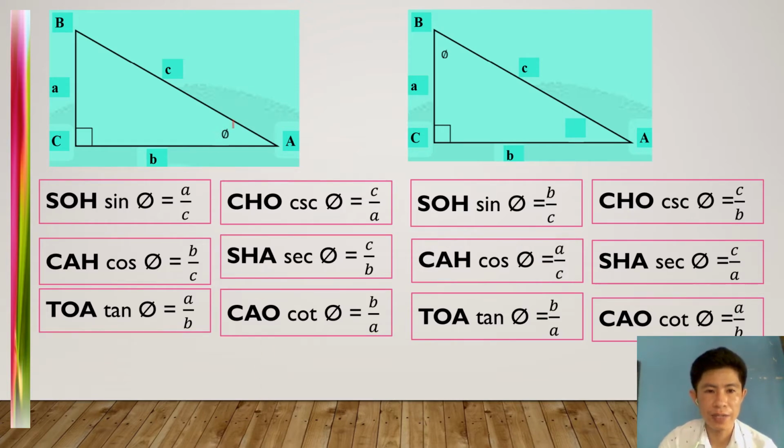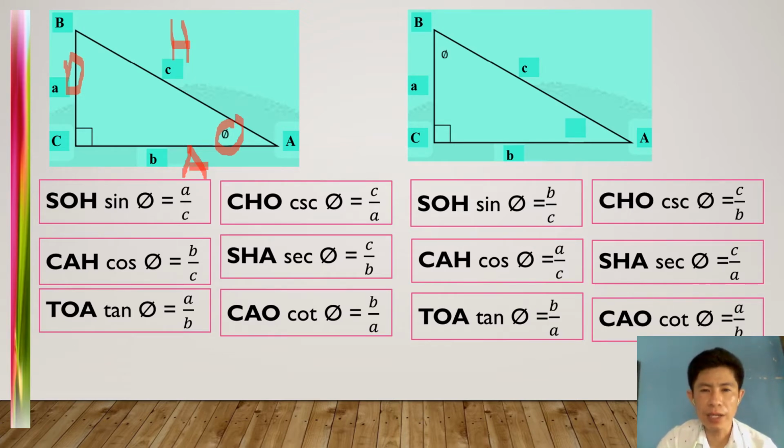So if this is the reference angle theta, side C is always the hypotenuse. Lagi yan. Then, eto yung ating magiging adjacent side, kasi yan yung malapit sa ating reference. Then, eto na side na to, ang ating magiging opposite side. So, adjacent, opposite, and hypotenuse.